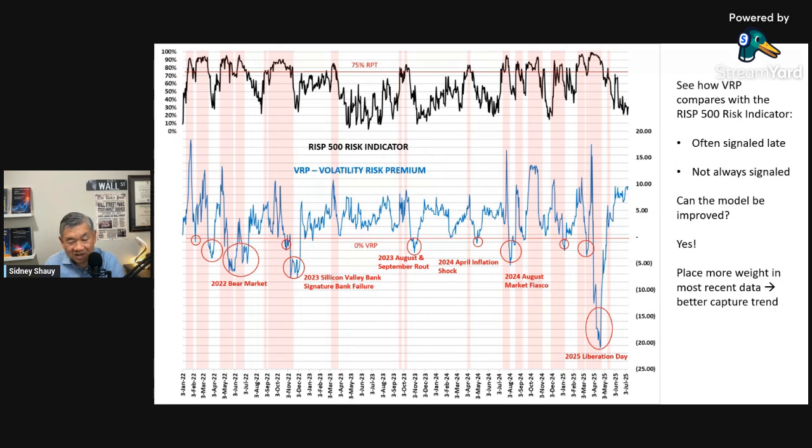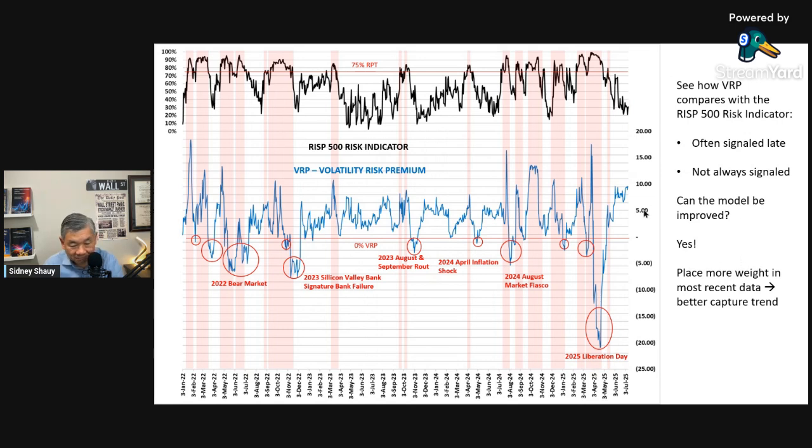But if we want this to signal faster, we've got to put more weight on more recent data. Let's say the volatility of yesterday is more important than that of 20 days ago. So this is the idea. This is one way that we can make it more significant for us. There are other adjustments that we can make as well.